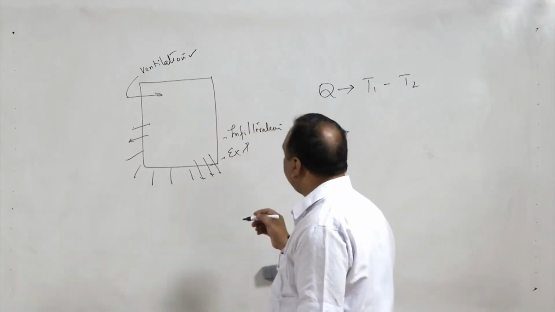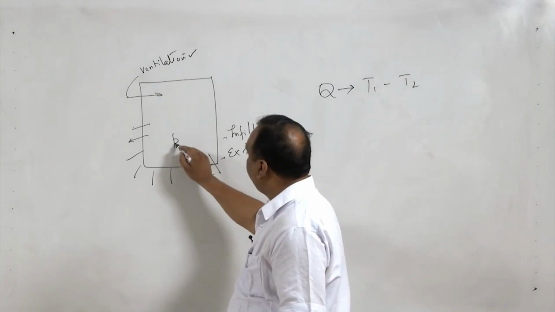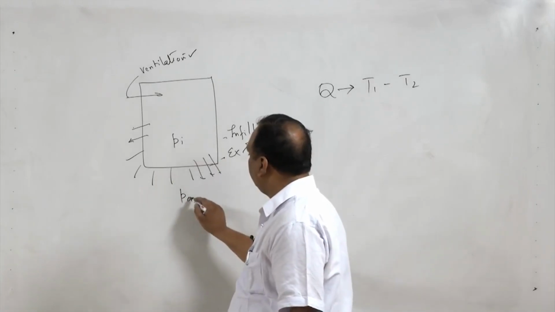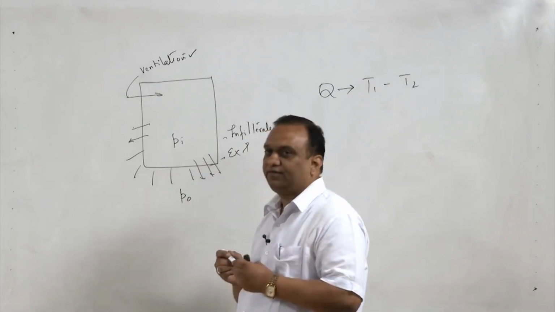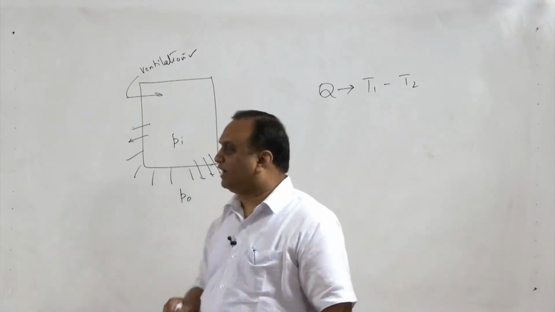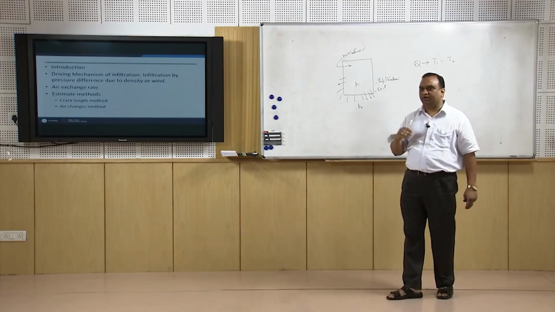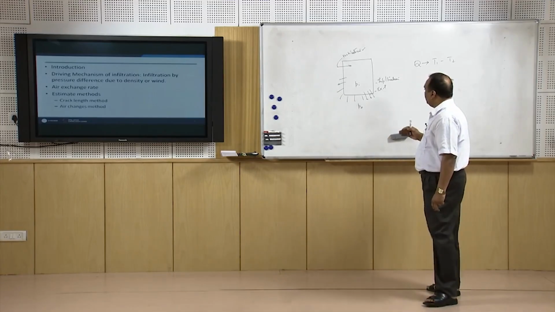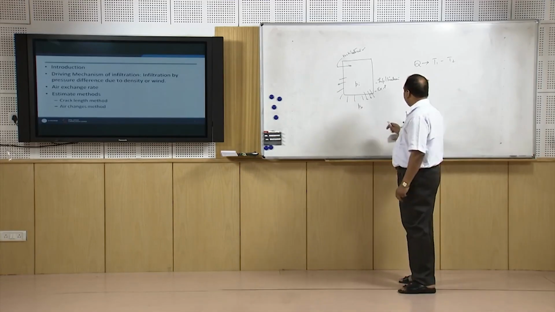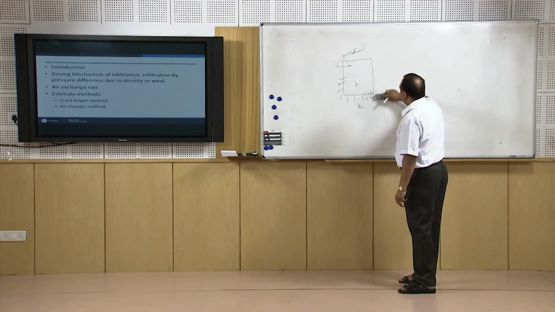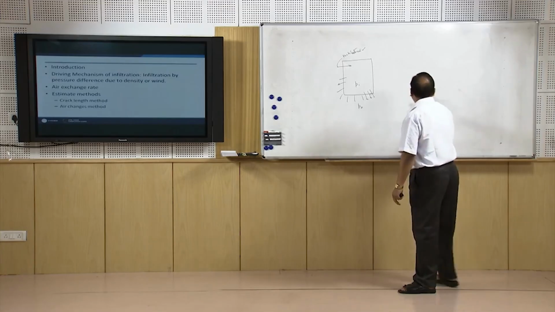So, there has to be a pressure difference, inside pressure and outside pressure. There has to be some pressure difference which will act as a driving force for the movement of air inside the building or take air away from the building to the surroundings. Now, how is this pressure difference generated? That is one issue.